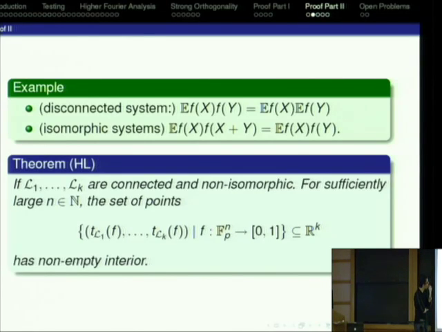I mean, you didn't define... Yeah, exactly what it means. Really define what connected is. Connected means that you cannot decompose your set of linear forms into two sets such that their spans don't intersect, so they intersect only at 0. And non-isomorphic means that there is no invertible linear map from the span of this set to the span of that set. So it's linear algebraic.